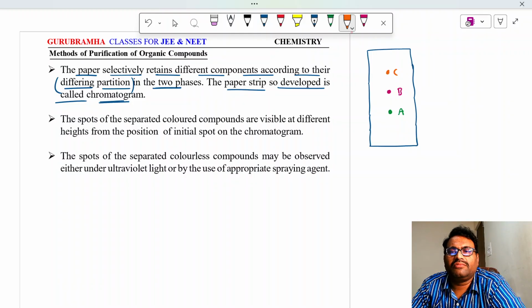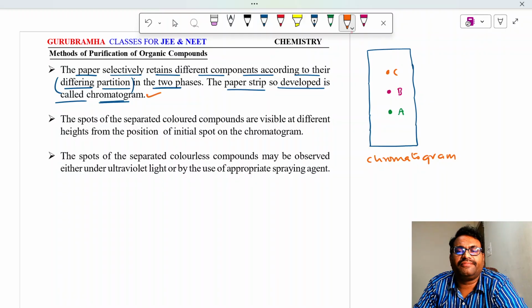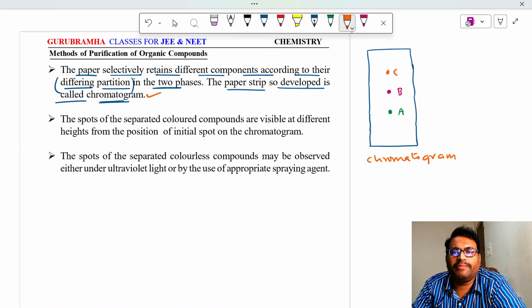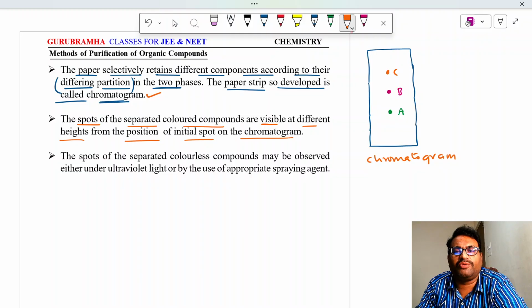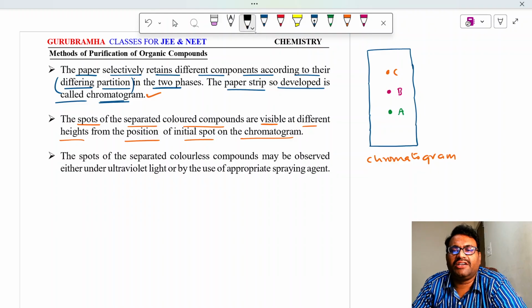Now they are separated, you dry it, and this paper is called what? Chromatogram. After separation on the paper, whatever you are finding is called a chromatogram. The spots of the separated colored compounds are visible at different heights from the position of the initial spot on the chromatogram. Let us take the initial spot is this one.